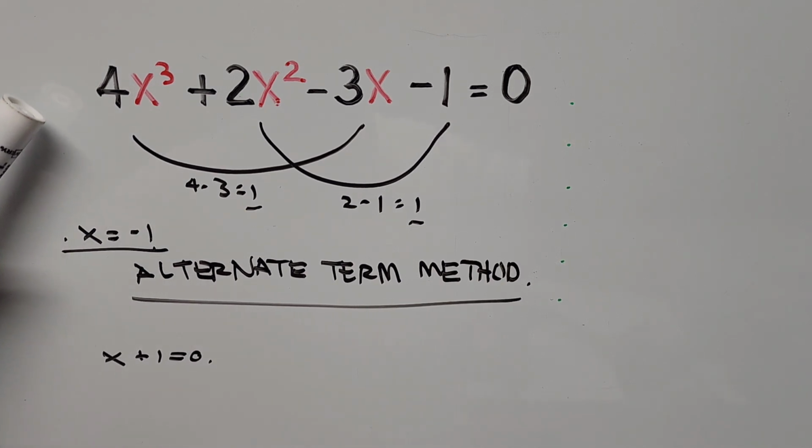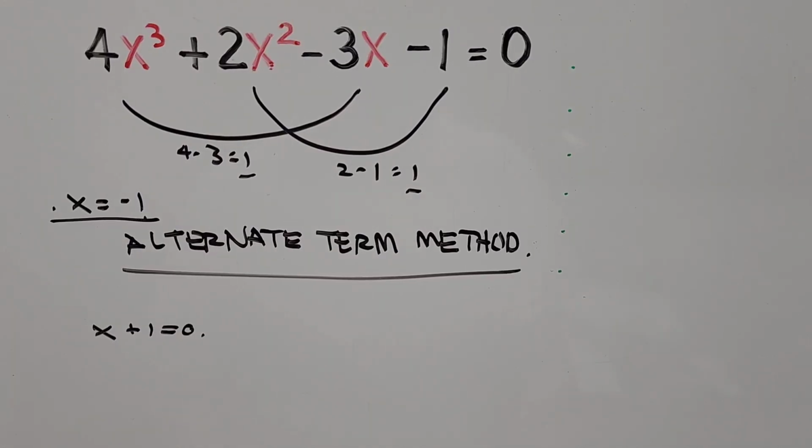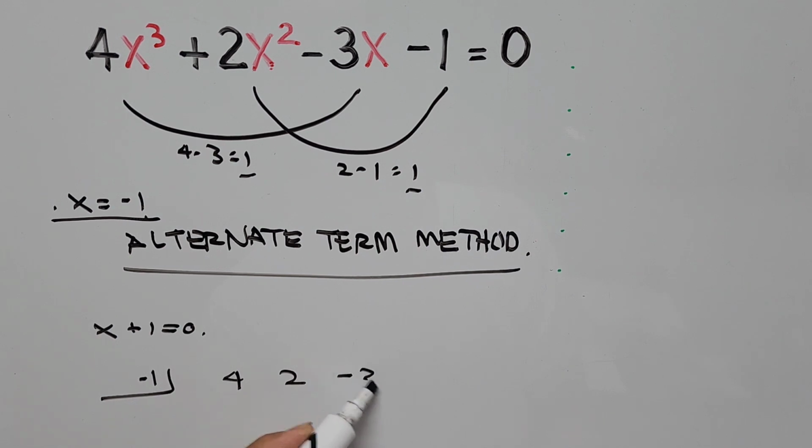But here, we'll be using synthetic division. All right, the first root of x is -1, so put -1 over here. And we take all the terms of the cubic equation, considering their coefficients only: 4, 2, -3, and -1.